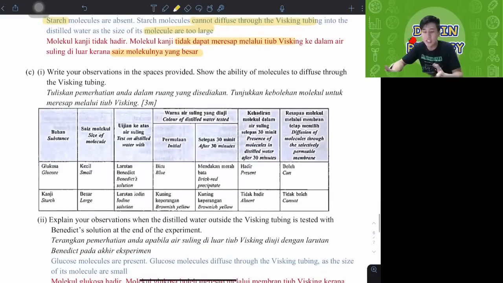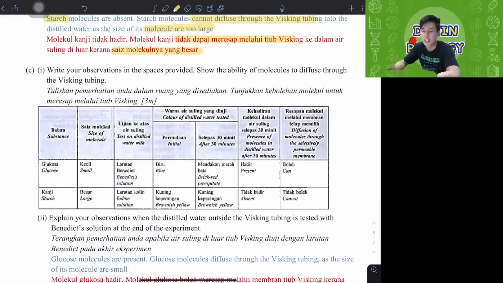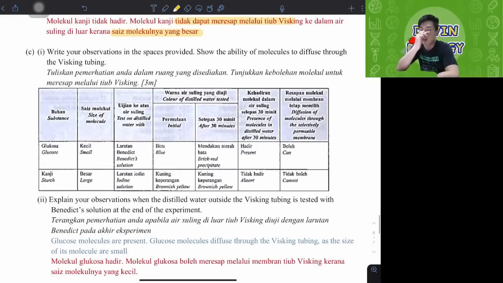Okay, then here is the result of the experiment. Write your observation in the space provided to show the ability of molecules to diffuse through the Visking tube. Now, I don't think in the exam they will give you so many things to write. I think at most, it's just bahan, size, and the color change. Maybe these 3 only, I think the most.